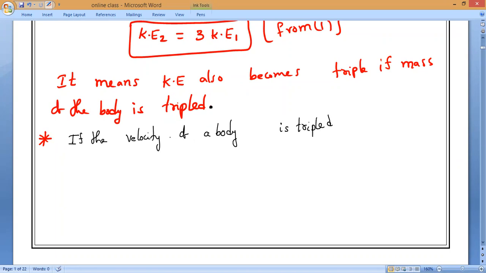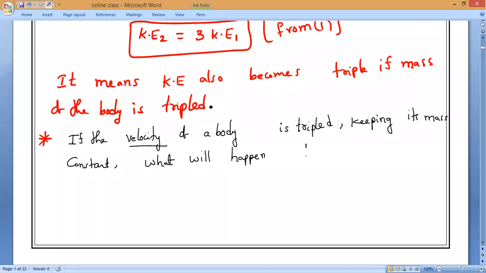Which is tripled, mass or velocity? Velocity is tripled, keeping its mass constant. What will happen to its kinetic energy?